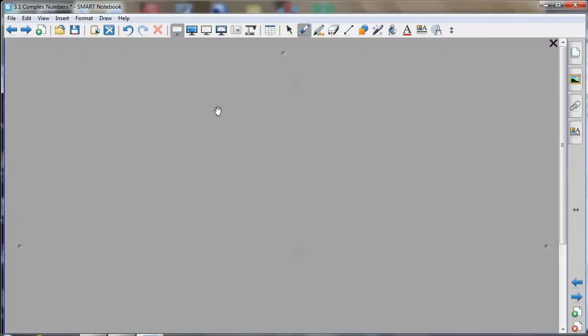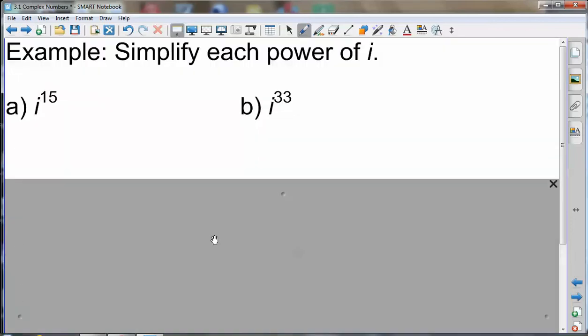So let's say I gave you I to the 15th power. You could write out 15 I's and start multiplying them, or we could rewrite this using I squared. How many groups of 2 can go into 15? 7. 2 times 7 is 14.